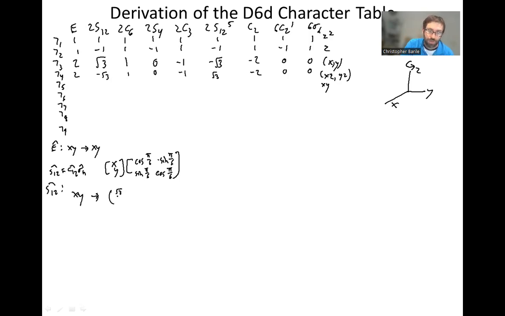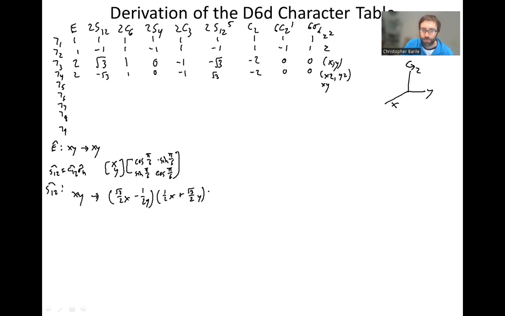So we're going to have root 3 over 2 x, and sine pi over 6 is 1/2, so we're going to have minus 1/2 y. That's what x transforms into. What does y transform into? Sine pi over 6 x plus cosine pi over 6 y. So that's 1/2 x plus root 3 over 2 y.